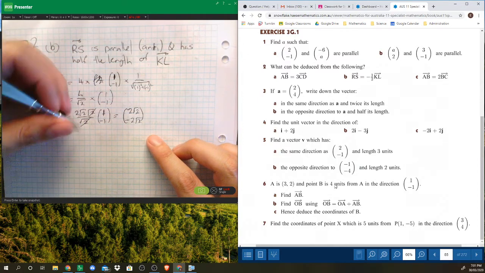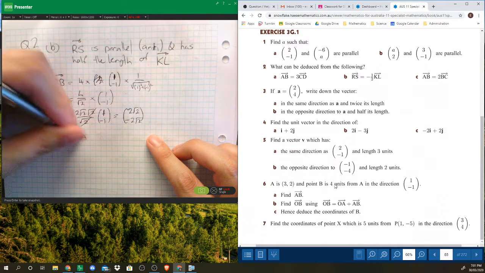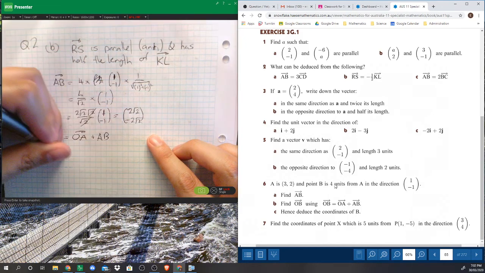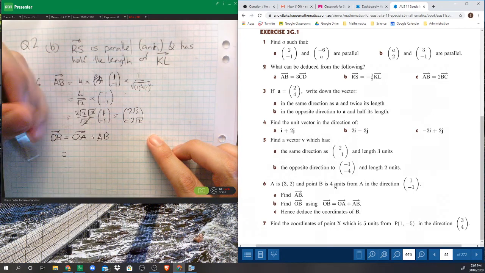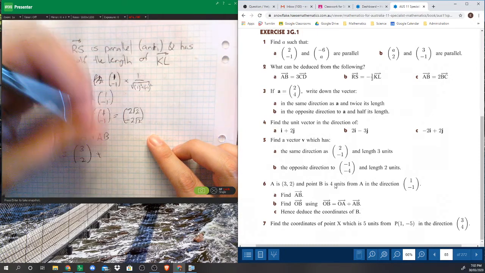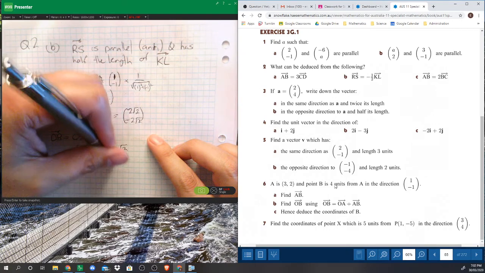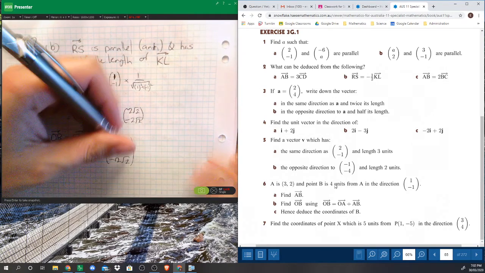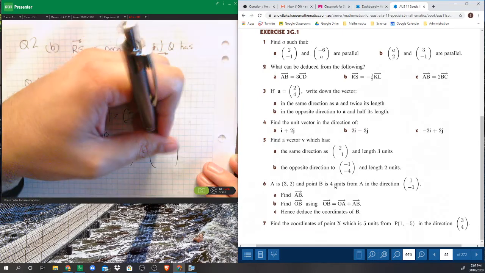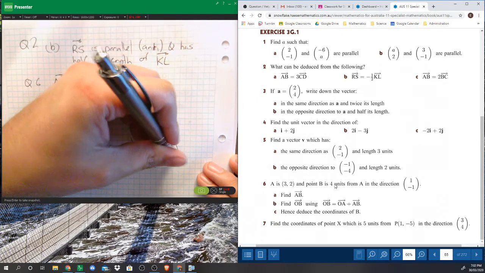We've got the coordinates of A. OB equals OA plus AB. OA is (3, 2), plus (2 root 2, -2 root 2), which equals (3 plus 2 root 2, 2 minus 2 root 2).